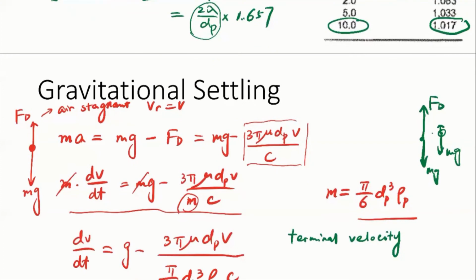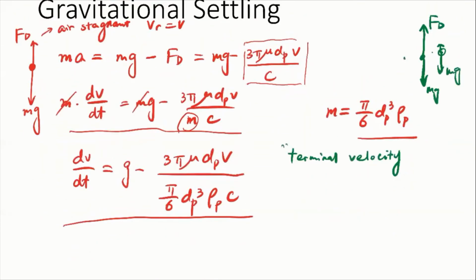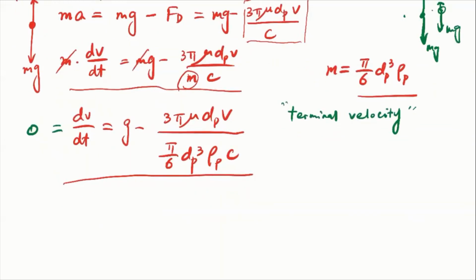When they balance, there's no further change of the velocity. So we reach a constant settling velocity, and we call that constant velocity the terminal velocity. In this equation, that represents dv dt equal to 0, so there's no change of velocity anymore, the forces are already balanced. In this case, we can solve for this terminal velocity.